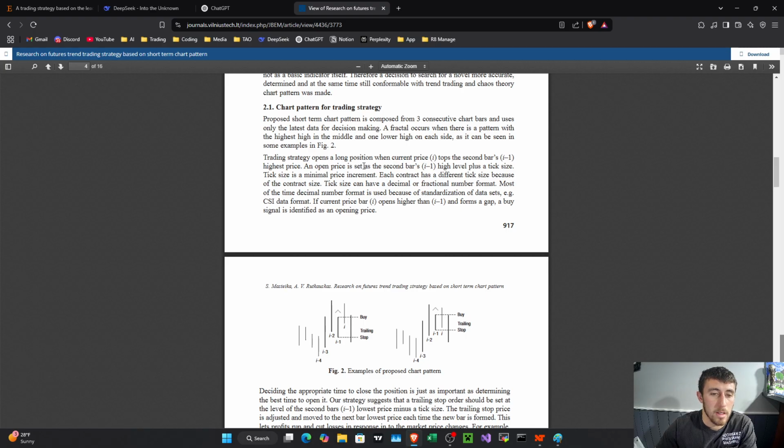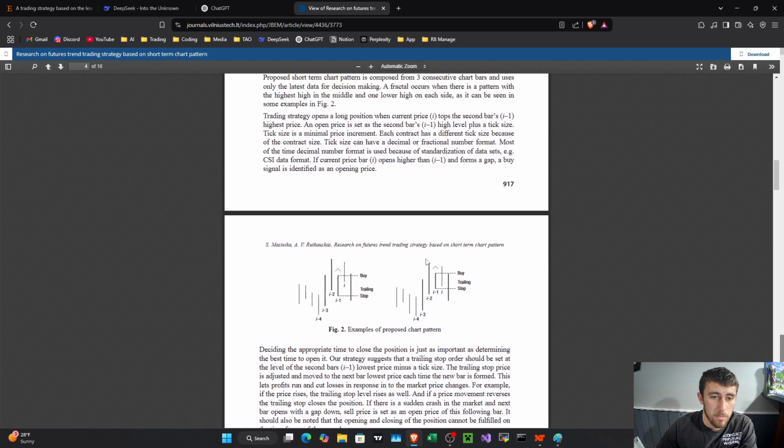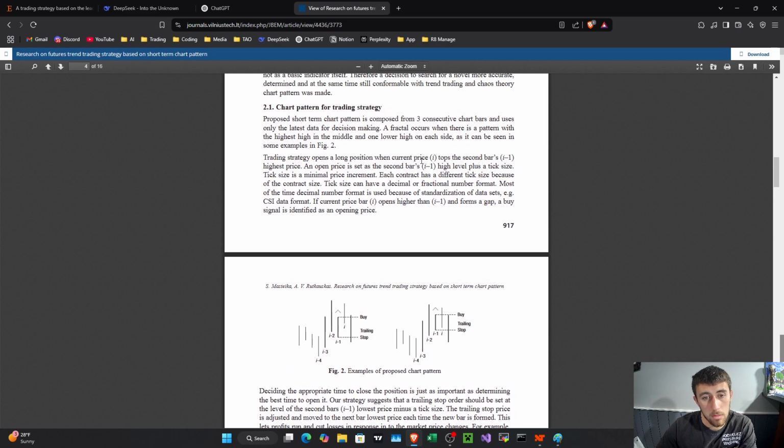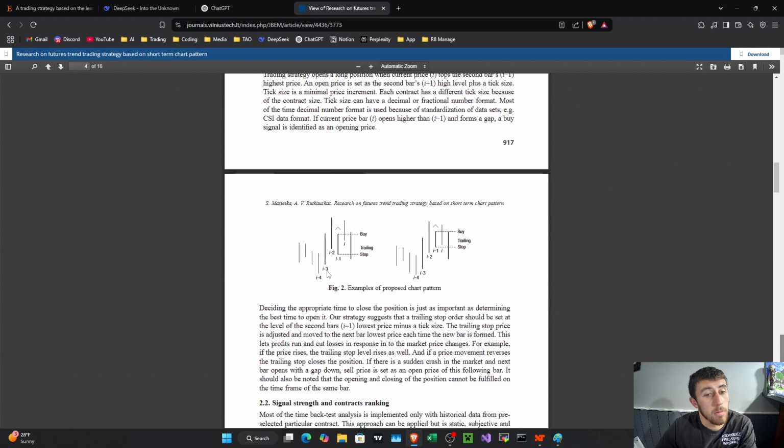Open price is set as the second bar's high level plus a tick size. If current price bar opens higher than I from the gap, a buy signal is identified as an opening price. That doesn't really make much sense to me, but from here we can definitely take something, I think.